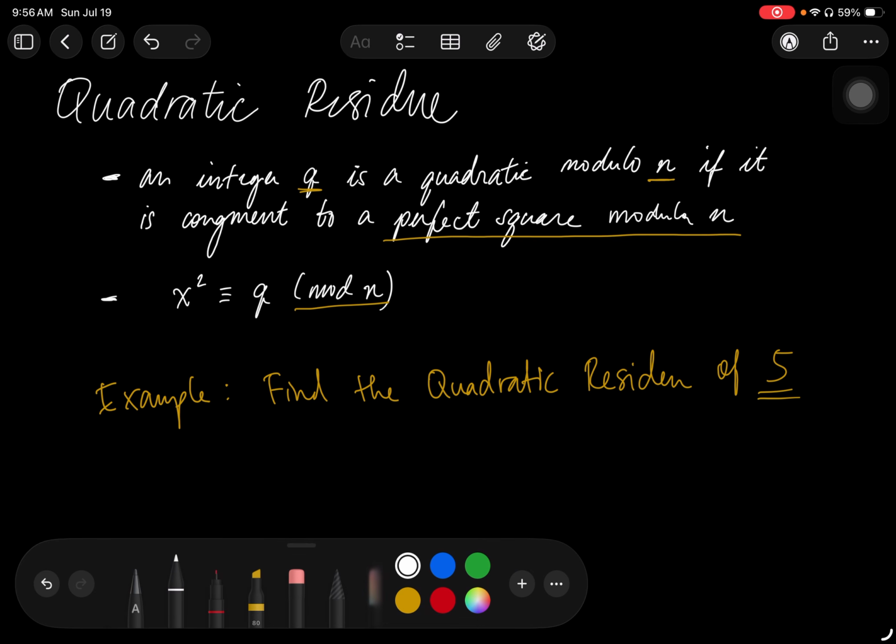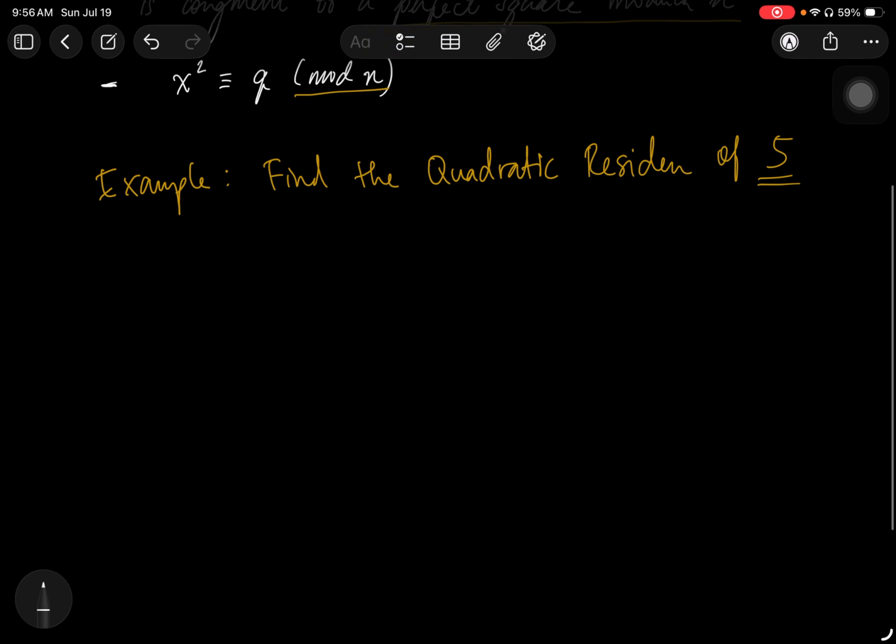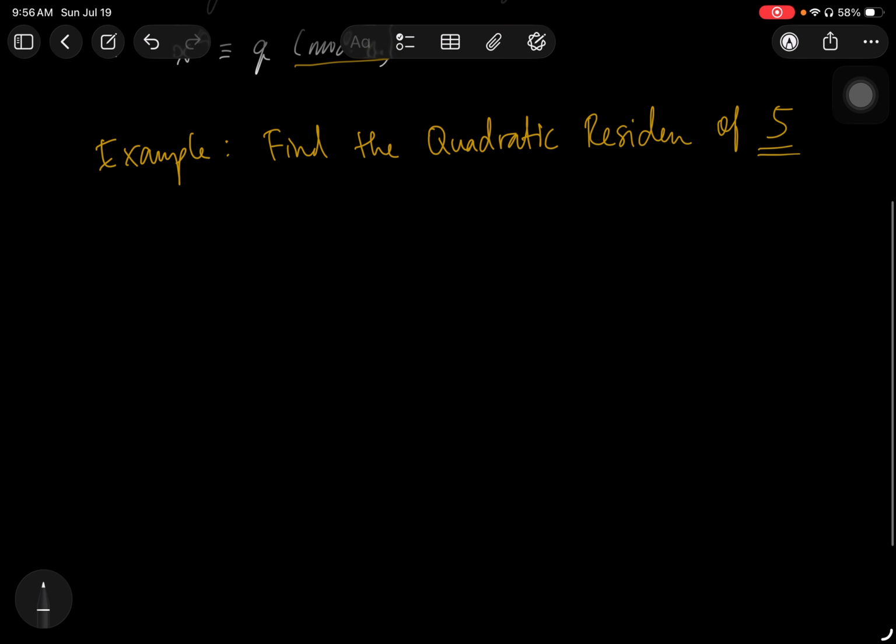To list all the quadratic residues of 5, we square numbers from 1 to n, and n is equal to 5, so we square 1 squared, 2 squared, 3 squared, 4 squared, 5 squared. Then let's see which are congruent.